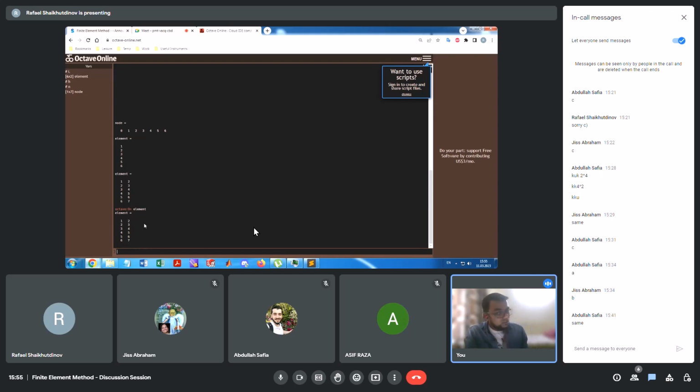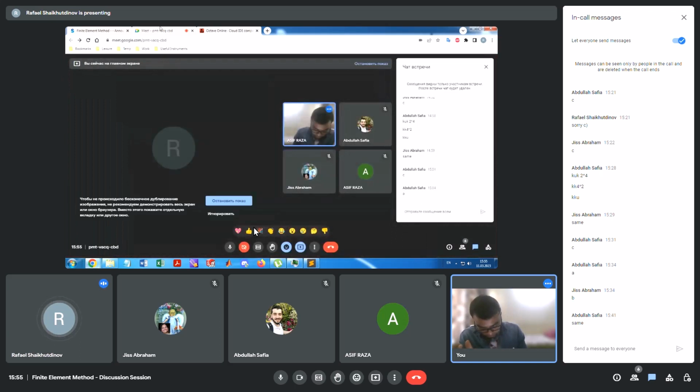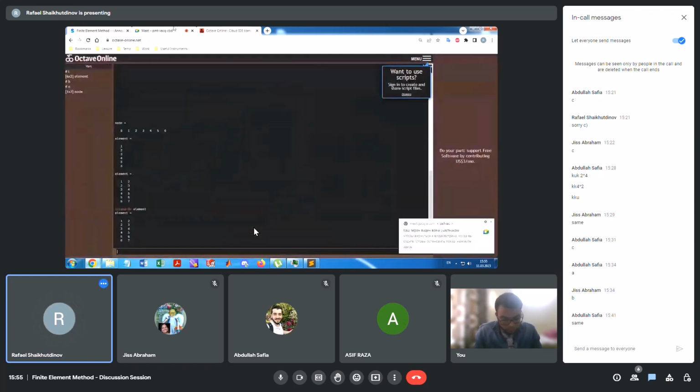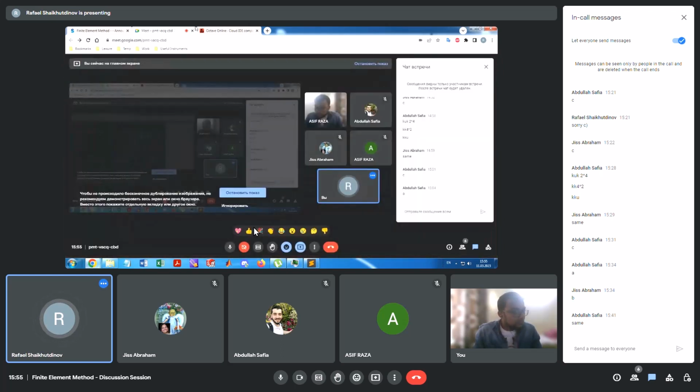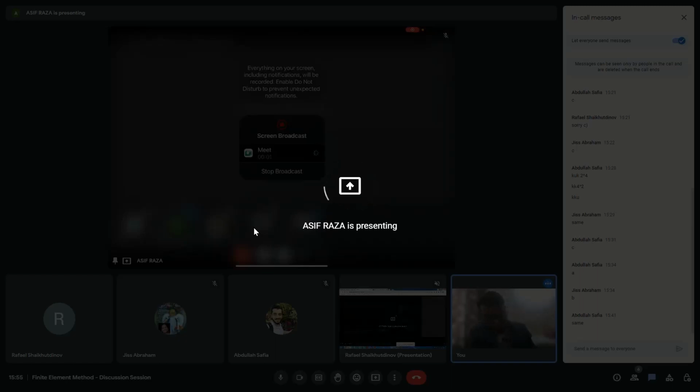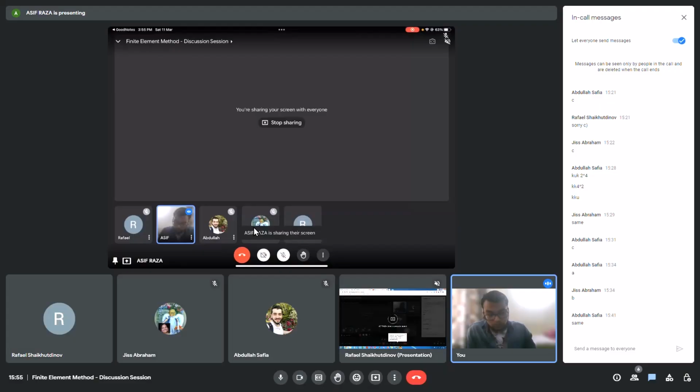So okay, I'll try to explain here. The question is, in our beam element we have 2 degrees of freedom for each node. How does it work here? No, that's just an element connectivity. That's not node connectivity yet.